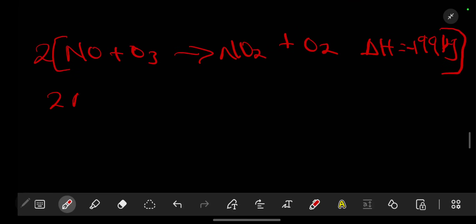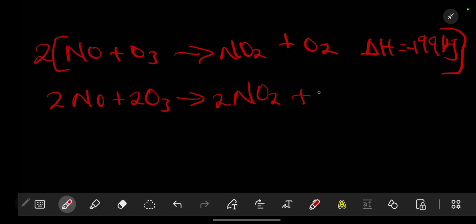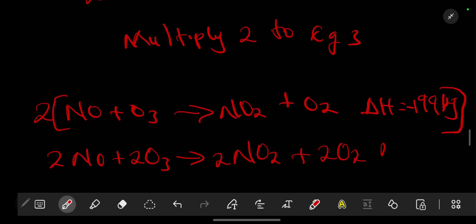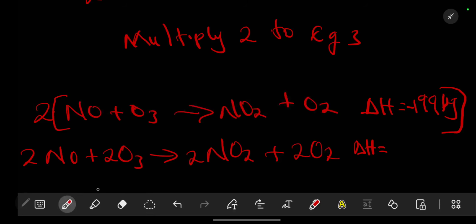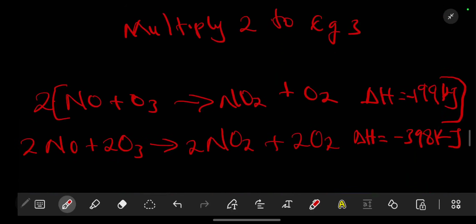This gives us 2NO plus 2O3 to produce 2NO2 plus 2O2. So this change in enthalpy will be 2 times negative 199, which gives us negative 398 kilojoules. So this is what we have.